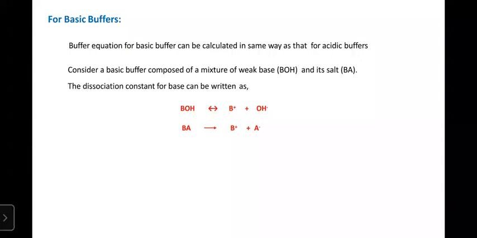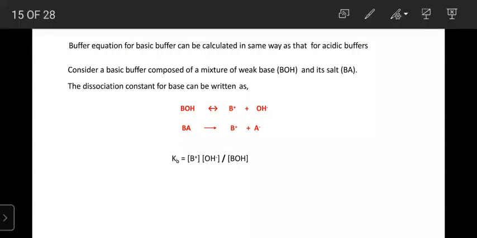Taking base dissociation, Kb, the base dissociation constant, is equal to the concentration of B plus and OH minus ion over BOH, right? B plus OH minus divided by BOH. Clear? Now just take out the OH minus ion concentration.